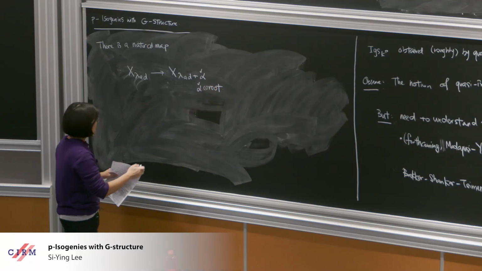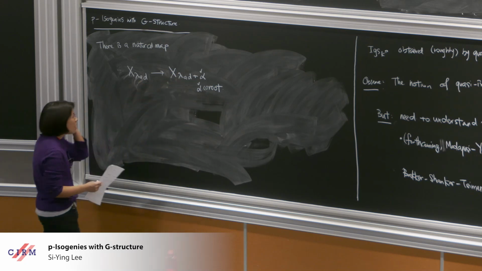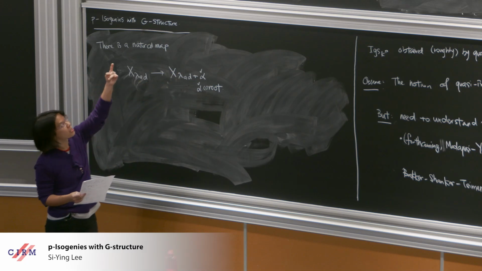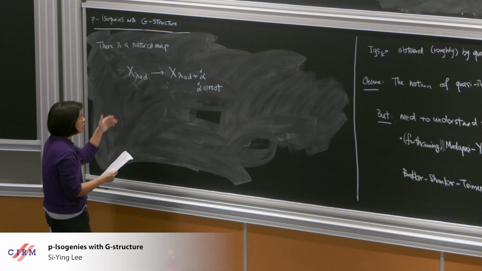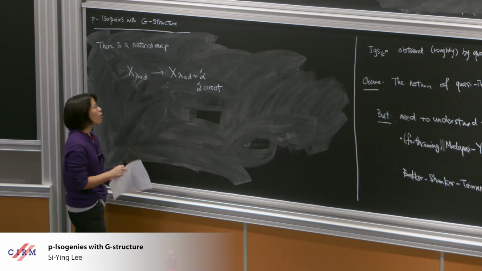And this process where you add this coroot translates, in the setting of GL_n, to the thing where you allow yourself to divide by this power of p.